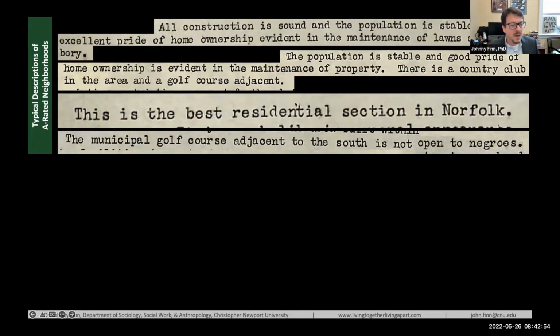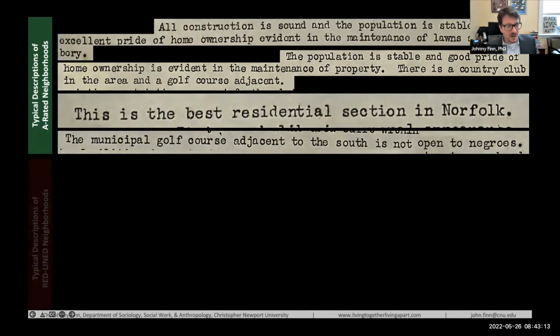And so you see in these A-rated neighborhoods talk not just about a good, quote unquote, population that exhibits high levels of pride of home ownership, but also a lot of talk that points to investments in these neighborhoods in the form of city services.